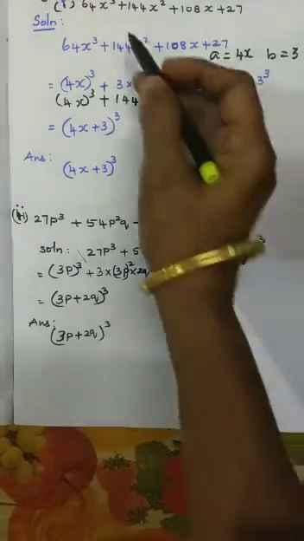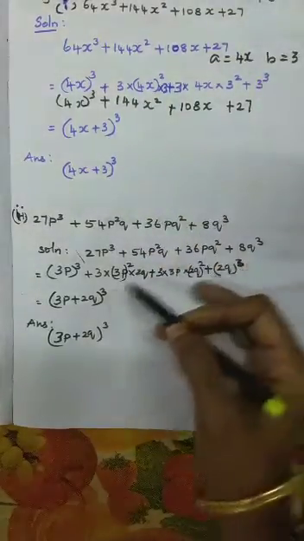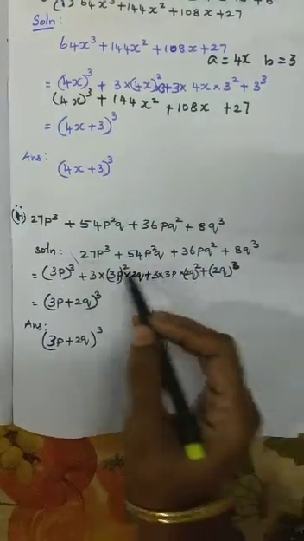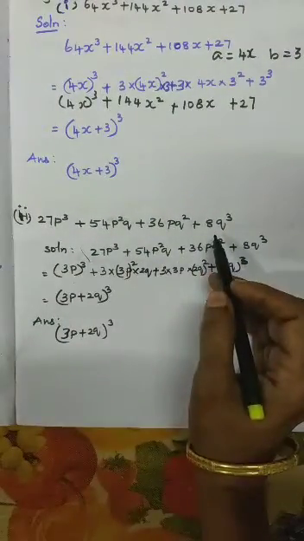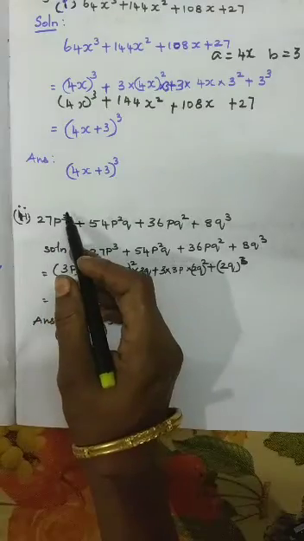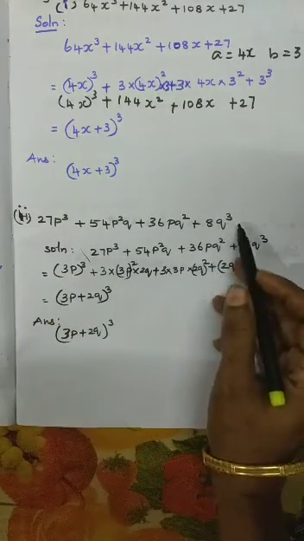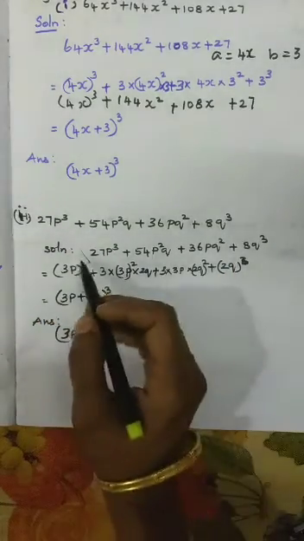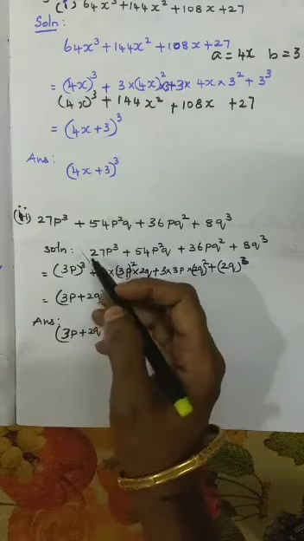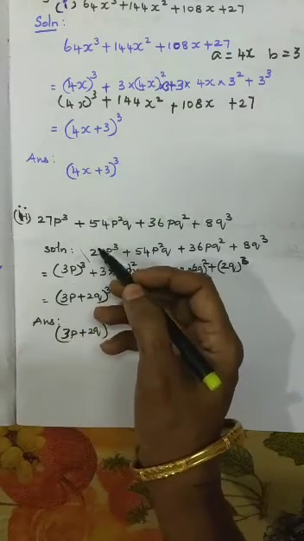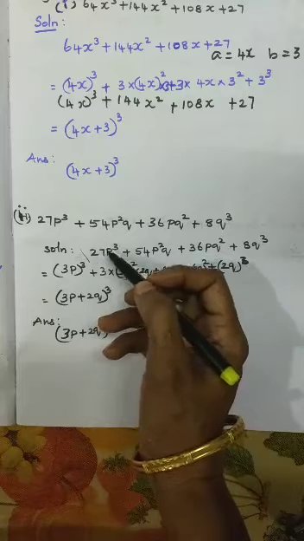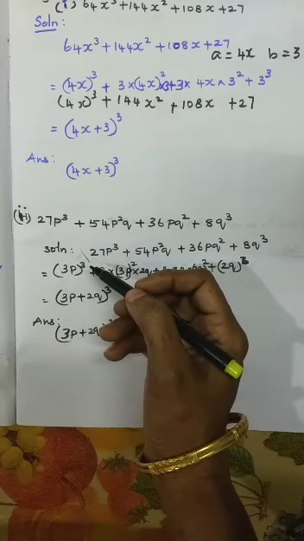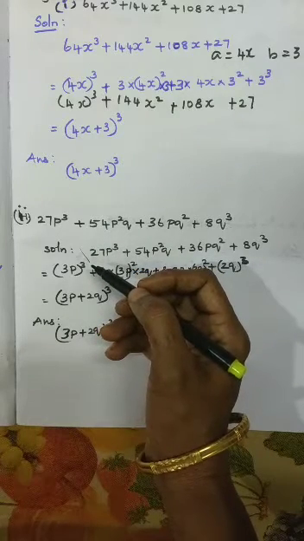Okay. Using the same identity, you have to solve this also. So, see the first term and last term. First term is 27p cube. The last term is 8q cube. So, we can change this to cube. How will you change this 27 to cube? 3 3s are 9.